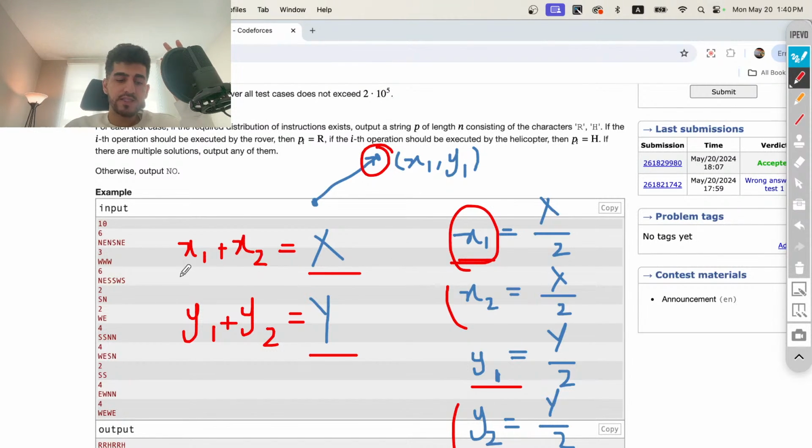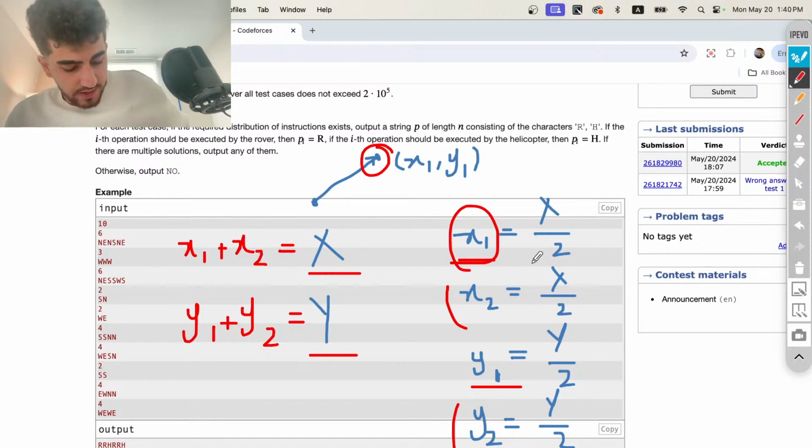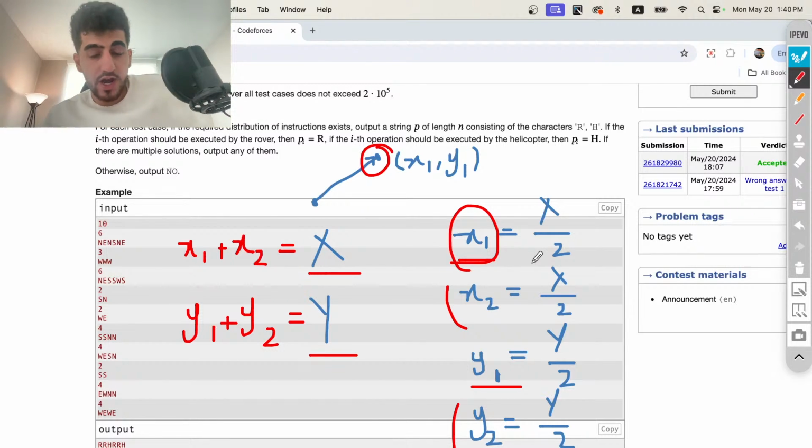Because I know that x1 plus x2 is equal to capital X and y1 plus y2 is equal to capital Y. So if x1 is equal to capital X half, then x2 will automatically be equal to capital X half. If y1 is equal to capital Y half, then y2 is definitely capital Y half.